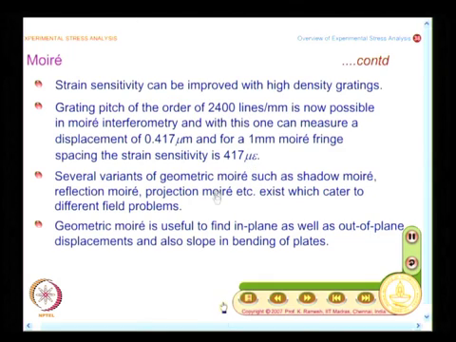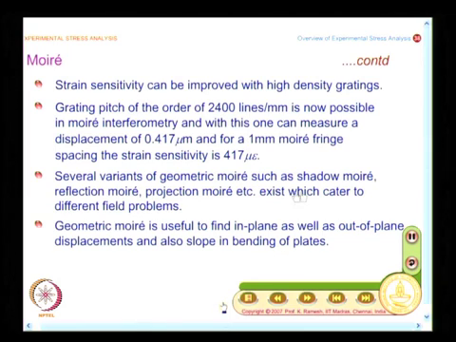And I said that once you take any technique, several variants exist. So, in geometric Moiré you have shadow Moiré, reflection Moiré, and projection Moiré, which cater to different field problems. And geometric Moiré is useful for in plane as well as out of plane displacement, and also slope in bending of plates.